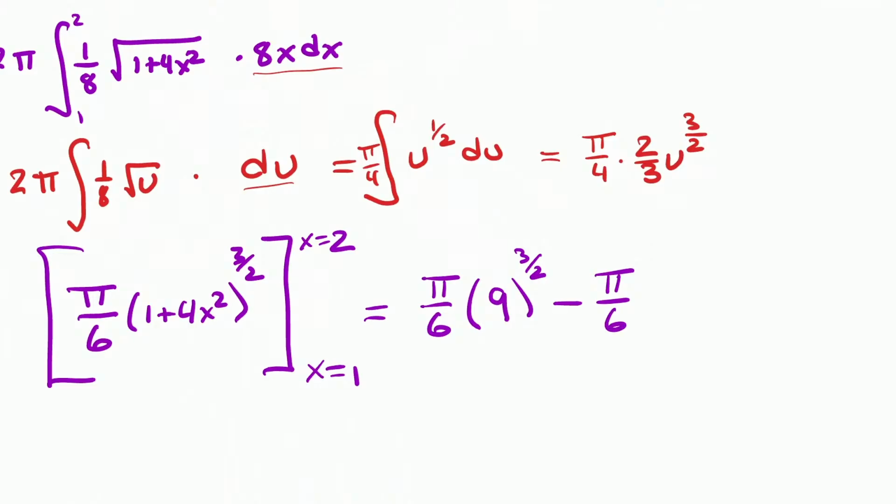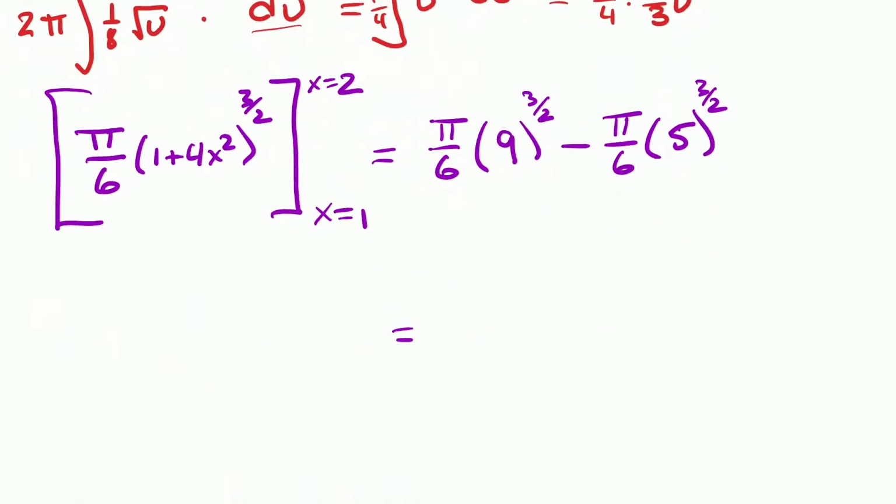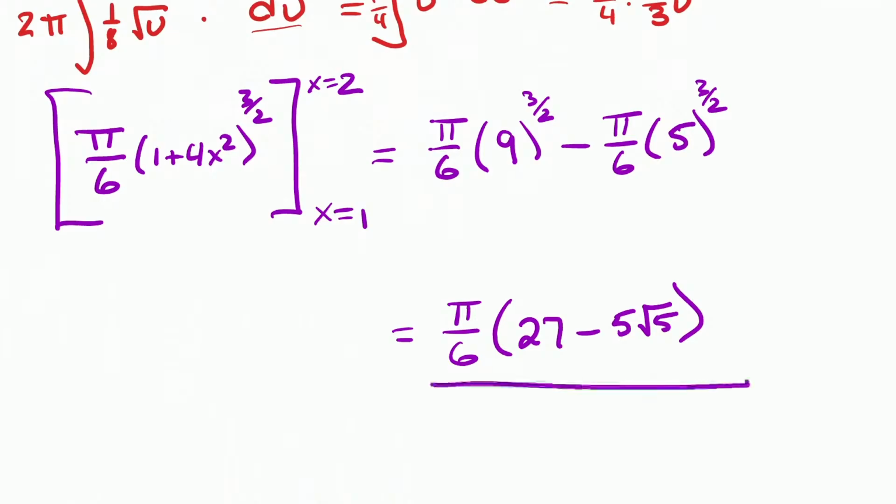Pi over 6 times 5 to the 3/2. So I guess this is going to be pi over 6 times, let's see, 9 to the 3/2 is 27, minus 5 radical 5. So that's not as pretty, but good enough. Box that up. Be happy with it.